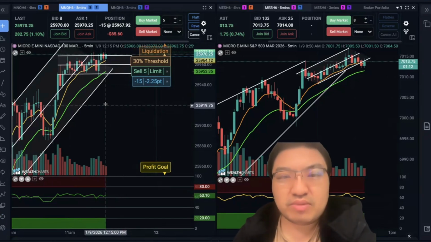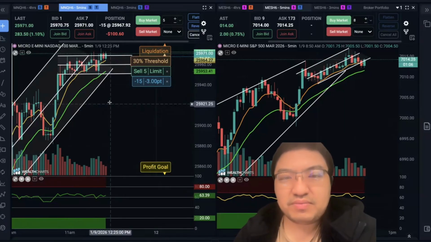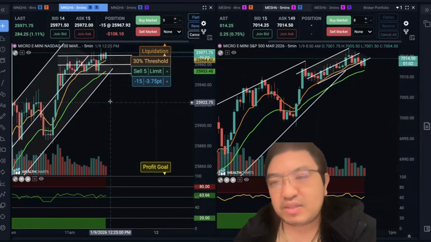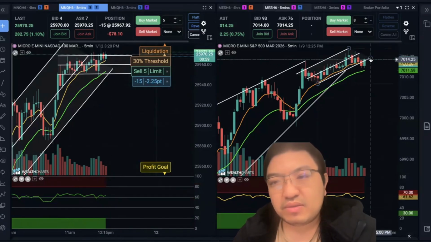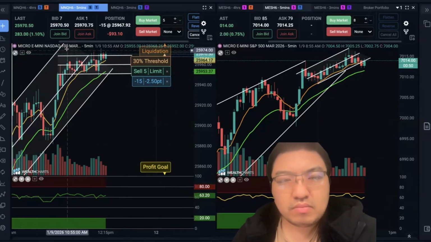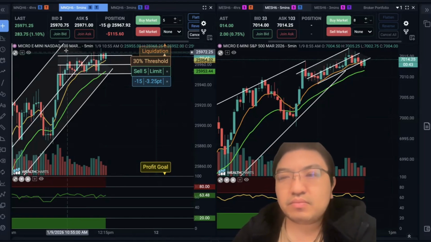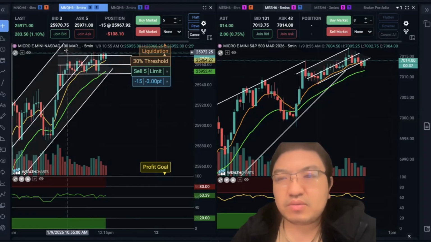I add position during drawdown. Hopefully it does not get triggered. If it triggered, then my size could be too big. Will it trigger, really?